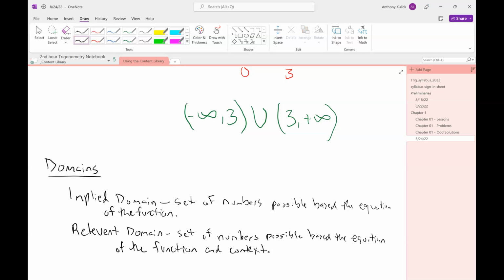Now that seems a little vague right now, but I'll give you an example here in a moment where there's some context attached to our equation, and that makes a difference.